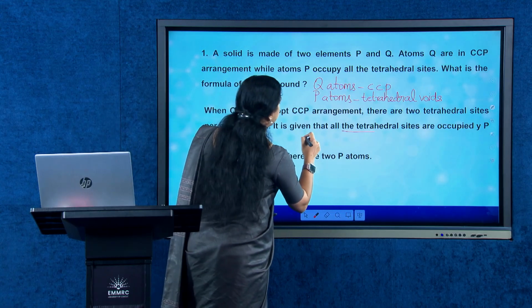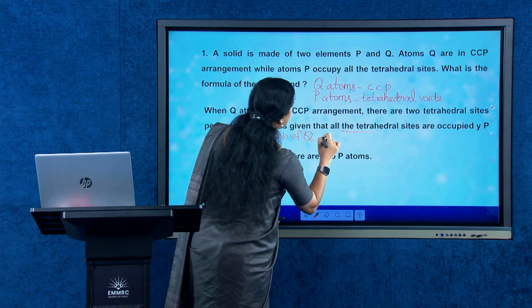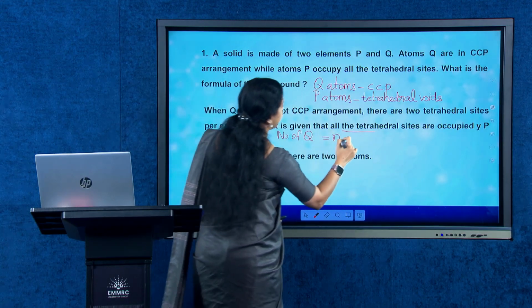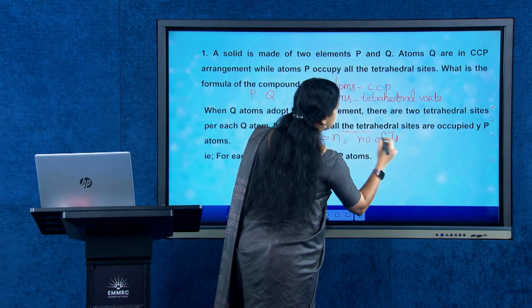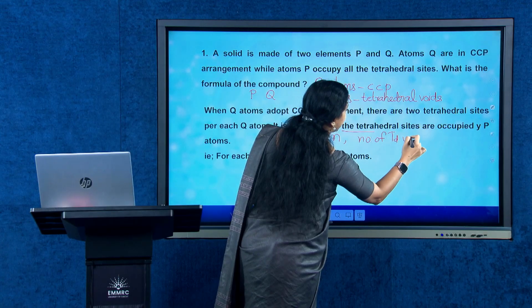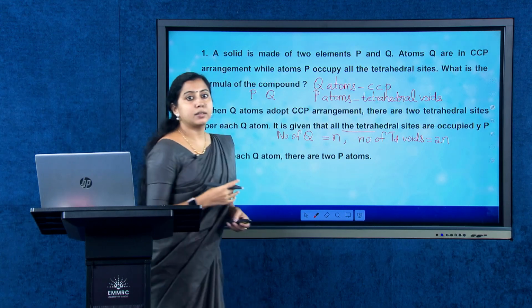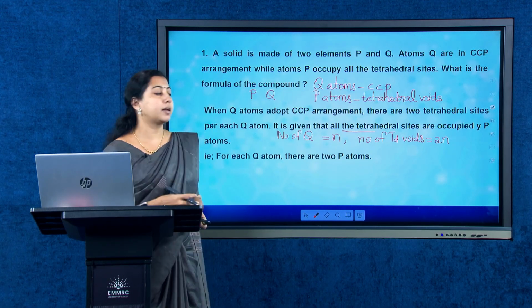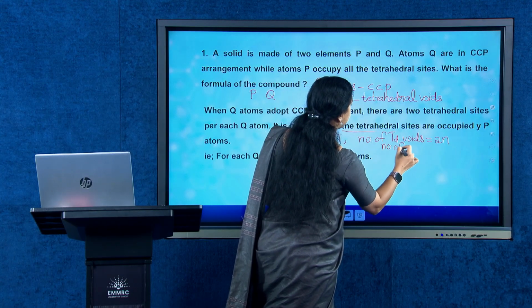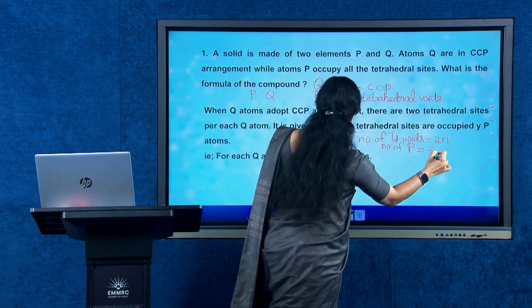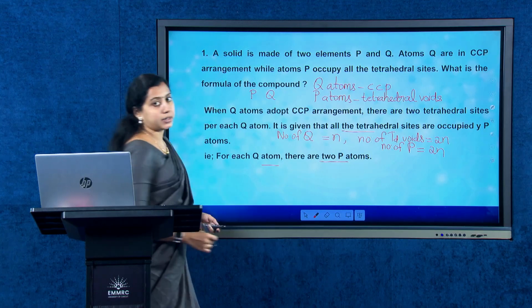So, if the number of Q atoms is equal to n, the number of tetrahedral voids, so I am representing TD for tetrahedral voids, will be equal to 2n, and the P atoms occupy all the tetrahedral voids. So, what will be the number of P atoms? The number of P atoms will also be equal to 2n. So, for each Q atom there are 2 P atoms.